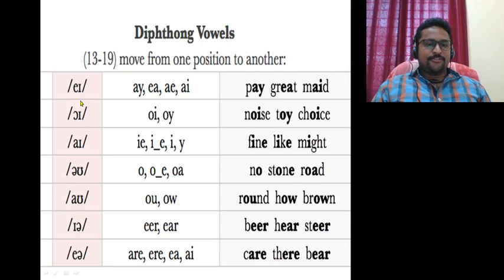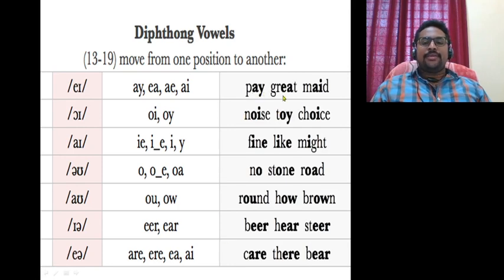We have discussed we have 8 diphthongs in English, right? First one is A-E. This sound has to be pronounced A-E, as in day. It has to be day, not A. Okay, day.